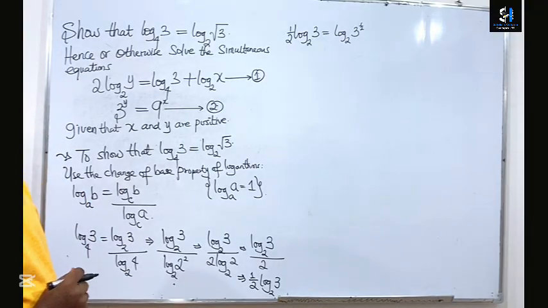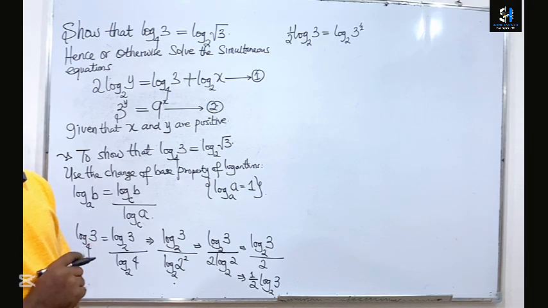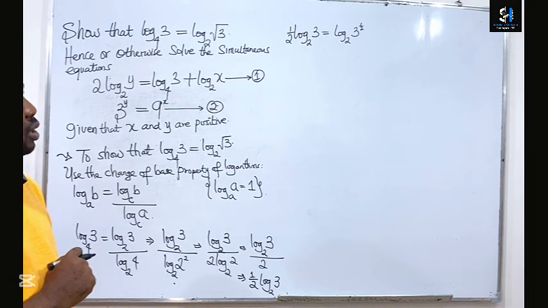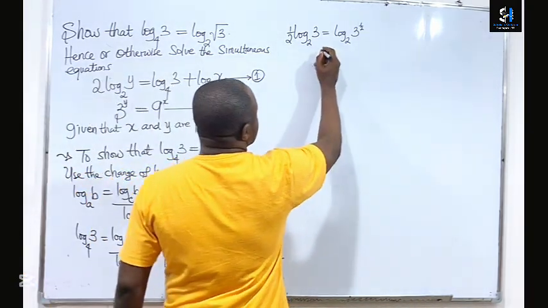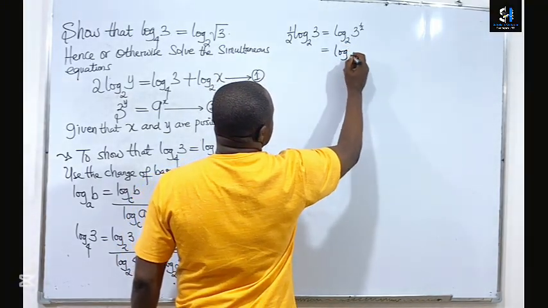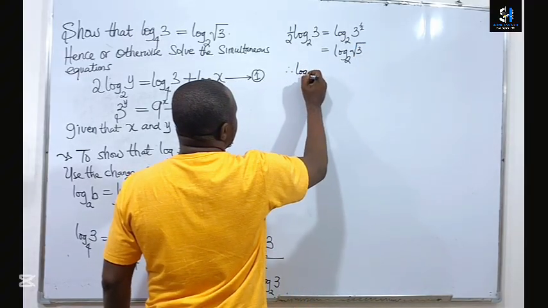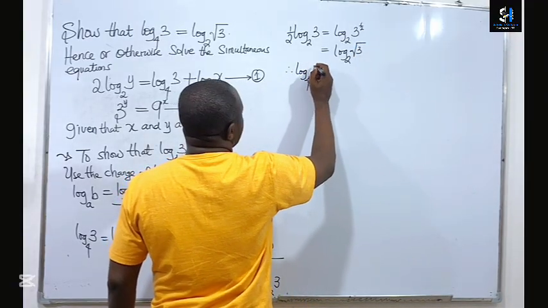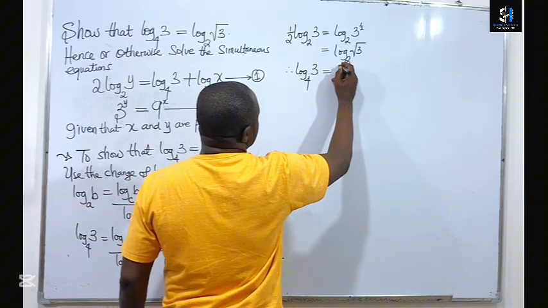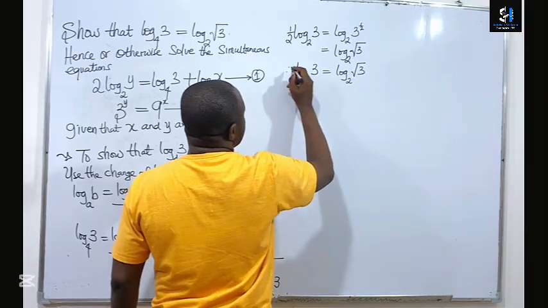Now, when the exponent is 1/2, that means we can write that as the square root of the base. So this is the same thing as log to base 2 of radical 3. Therefore, log to base 4 of 3 is equal to log to base 2 of radical 3.